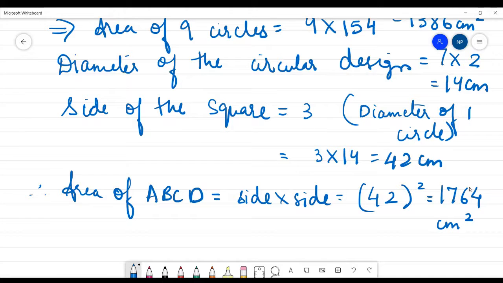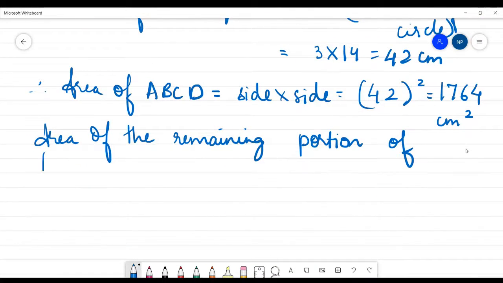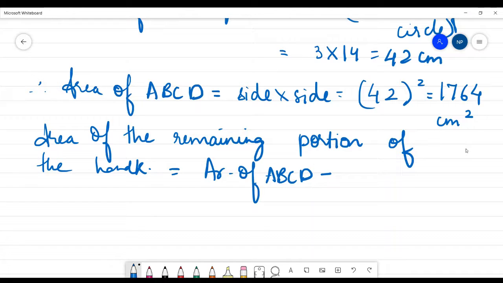Therefore, area of the remaining portion of the handkerchief will be area of square ABCD minus area of 9 circular designs.